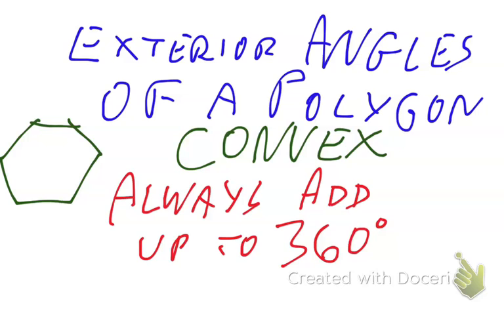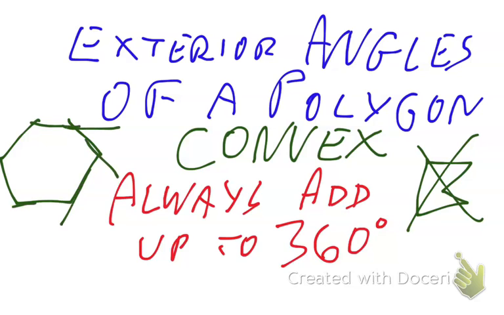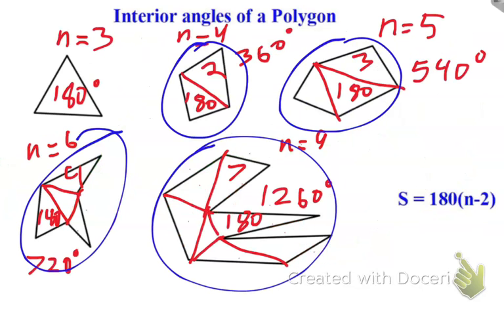There's a convex hexagon. The sides all poke out, not a concave. This, no good. Convex polygon exterior angles all add up to 360. That's these angles right here. Always add up to 360.